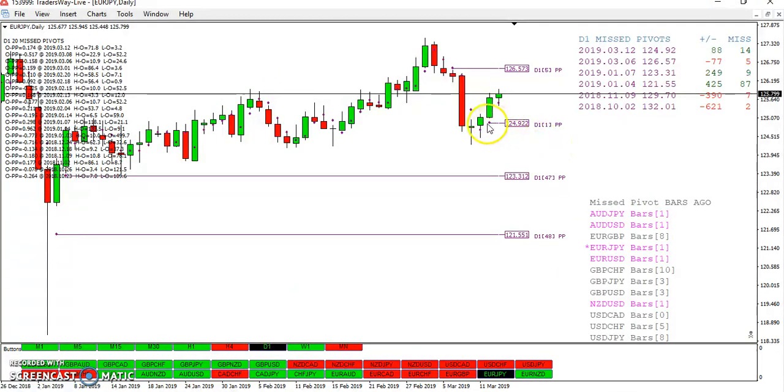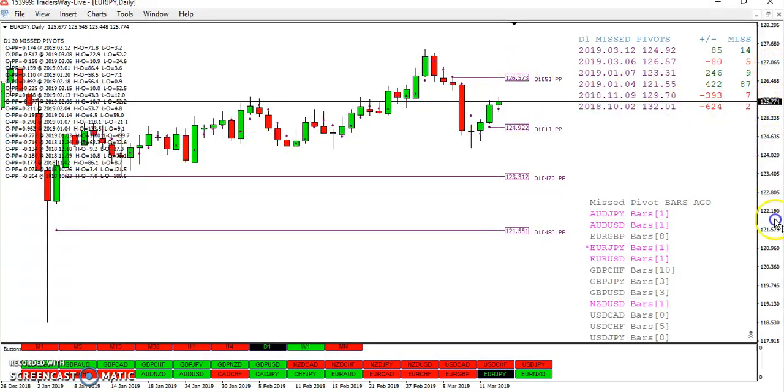And you see we have a missed pivot from yesterday and a pivot that was missed that got taken out right there. So we've got a couple of missed pivots this month already. And look, I guess, to see if we'll take out that pivot that was missed this month.